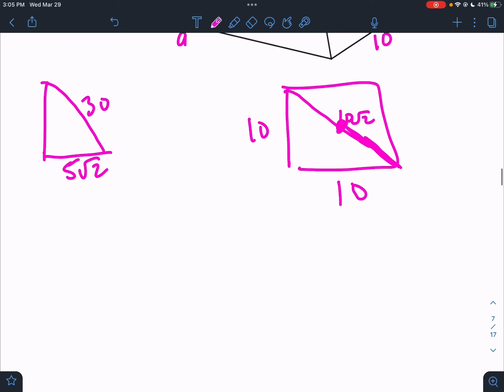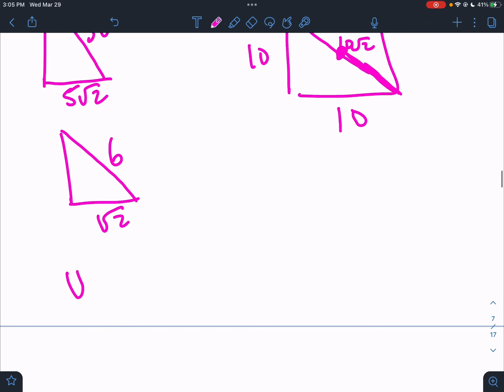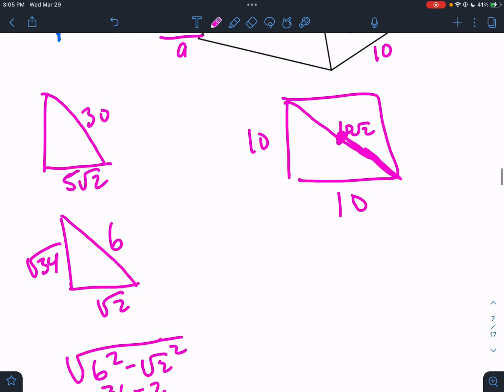I'm going to do it right now, but you can pause and practice. We reduce by a factor of 5. 30 divided by 5 is 6. 5 root 2 divided by 5 is root 2. We do Pythagorean theorem on those numbers, and we get 36 minus 2. So that is the square root of 34. We multiply the 5 back in, and we get our height.